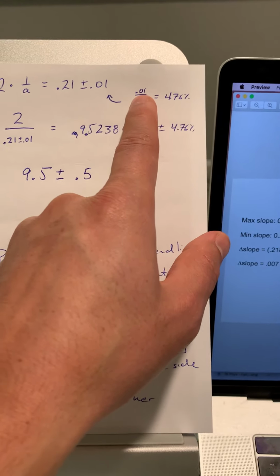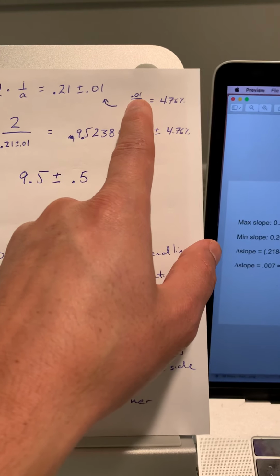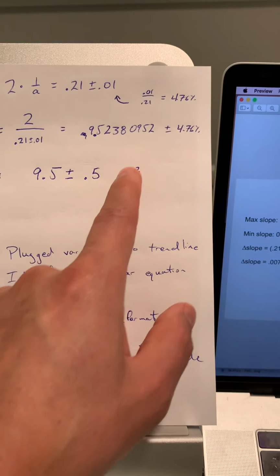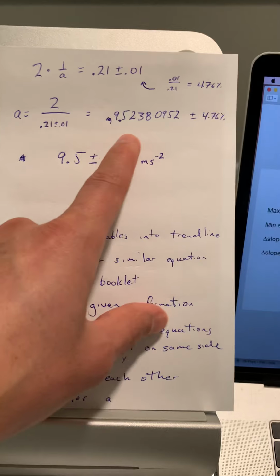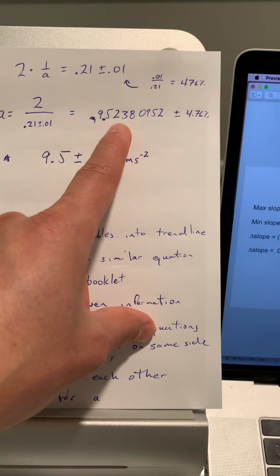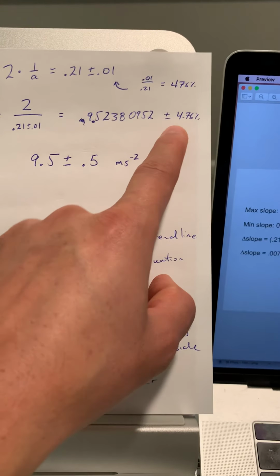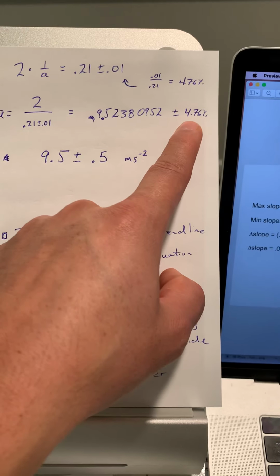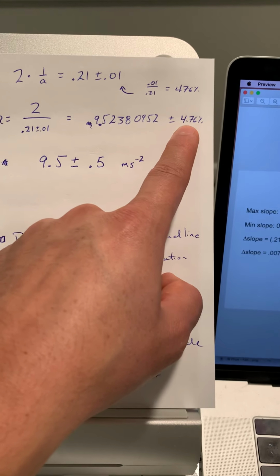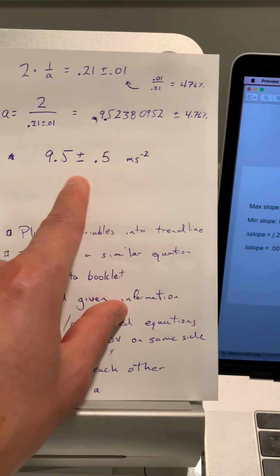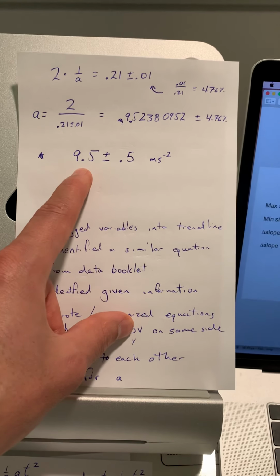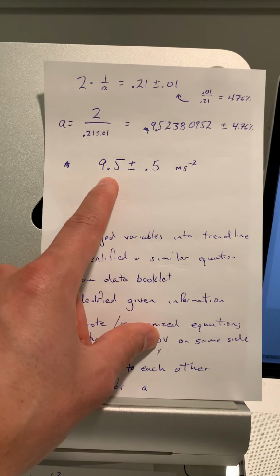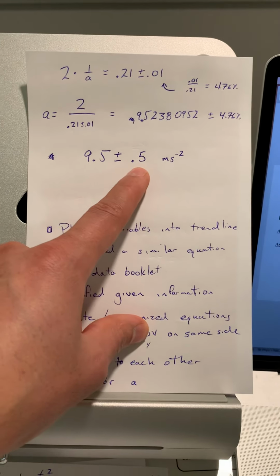If I use the 0.007, it comes out to like 3 point something% instead. So that means that once I solve for a, this really is 9.52 and so on, plus or minus 4.76% approximately. I take that 4.76%, multiplied by 9.5, and what we get is a value of gravity that is, according to my data, 9.5, give or take 0.5, or plus or minus 0.5 meters per second squared.